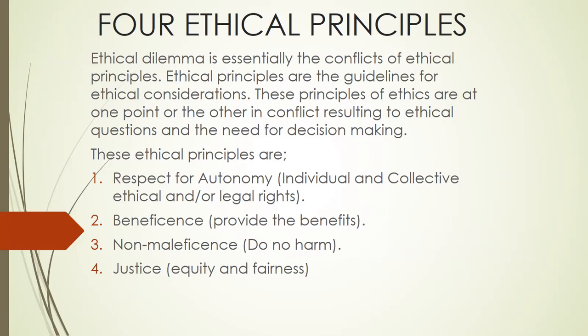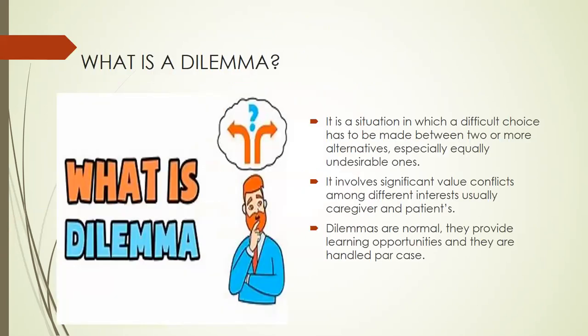The principles of ethics are respect for autonomy, whether from an individual or collective perspective; beneficence, which means to provide benefits; non-maleficence, which means do no harm; and justice, which entails discourse like equity, fairness and distributive justice.